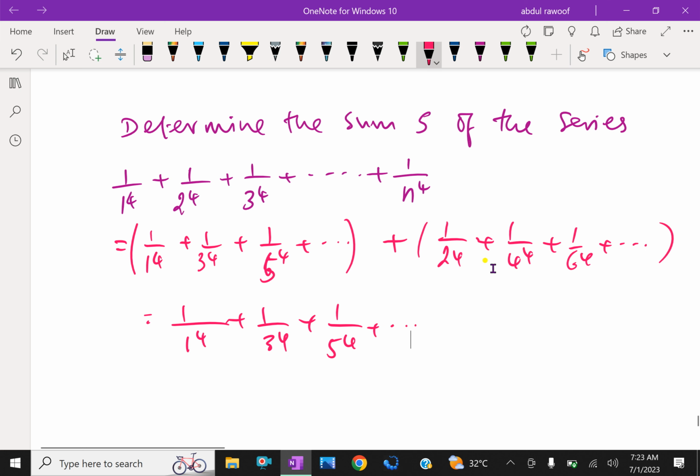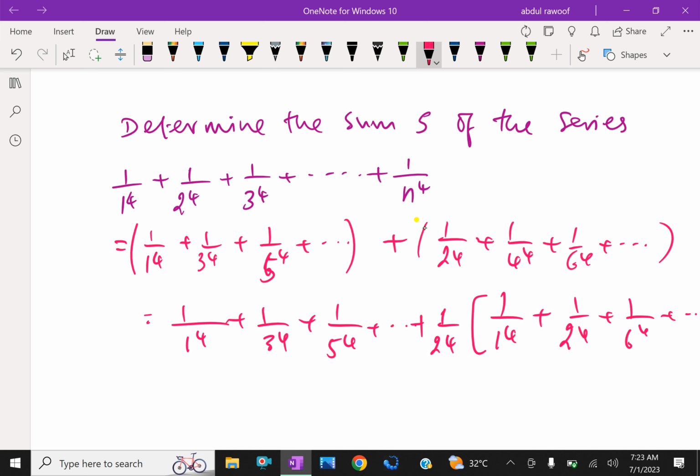Here 1 by 2 power 4 we can take out as common, leaving 1 by 1 power 4 plus 1 by 2 power 4 plus 1 by 3 power 4, because 6 is 2 into 3.